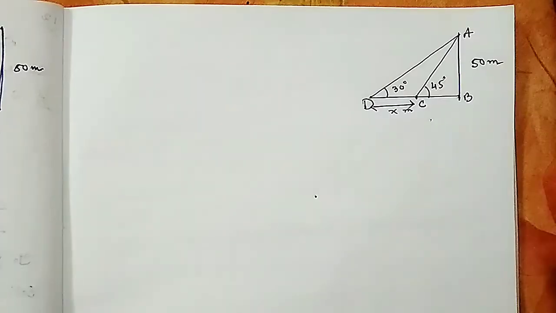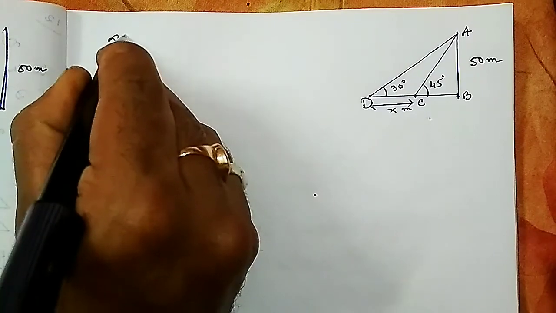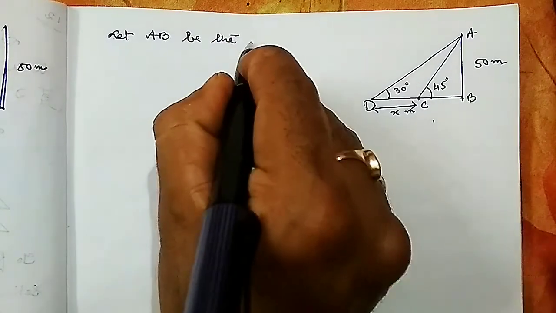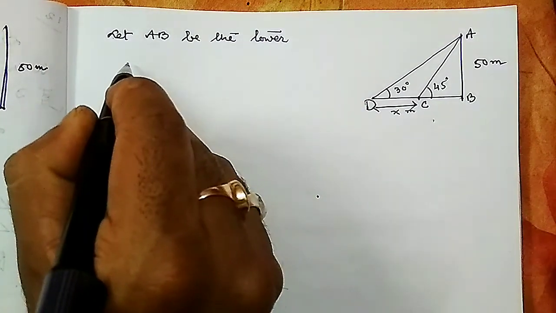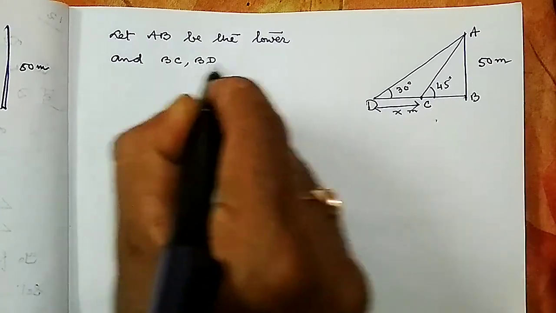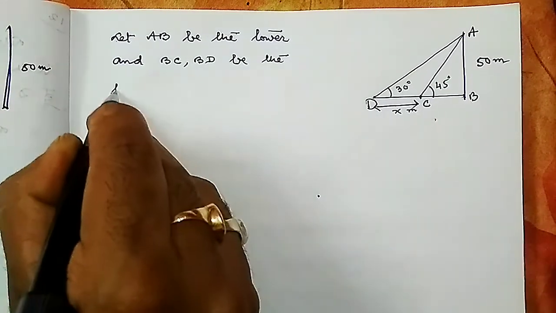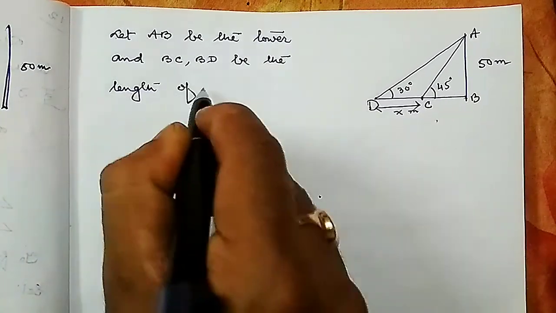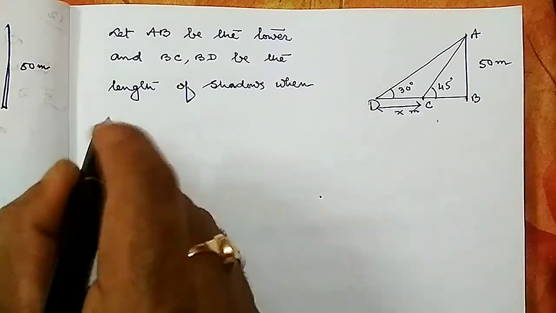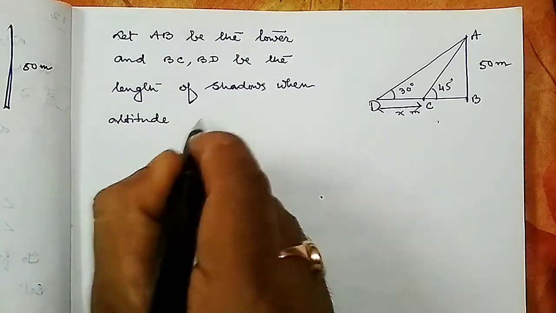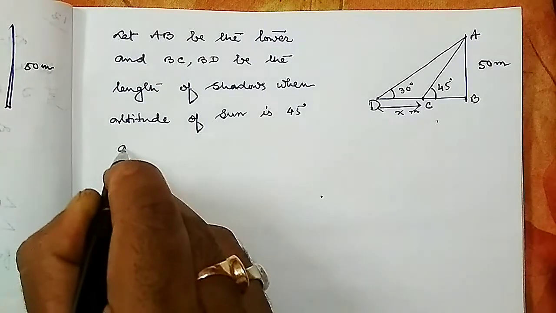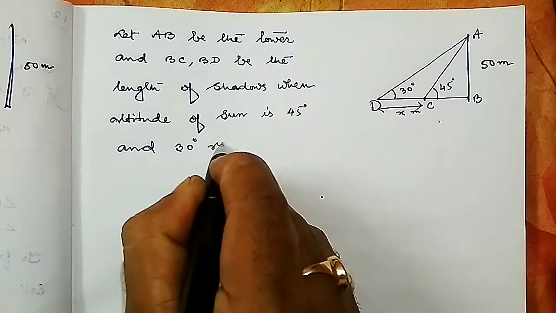Now let me do the sum. Let AB be the tower and BC, BD be the length of shadows when altitude of sun is 45 degree and 30 degree respectively.